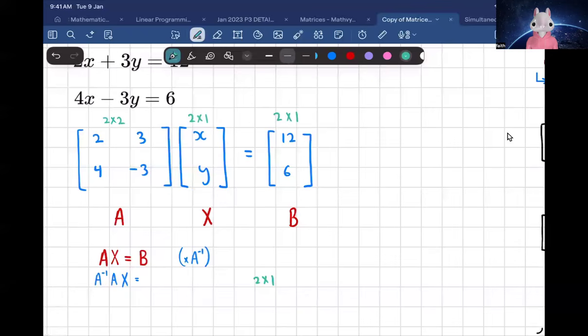And A inverse is what kind of matrix? 2 by 2. So if I multiply B by A inverse, will that work out? No, because are the inner numbers the same? No, they are not the same.